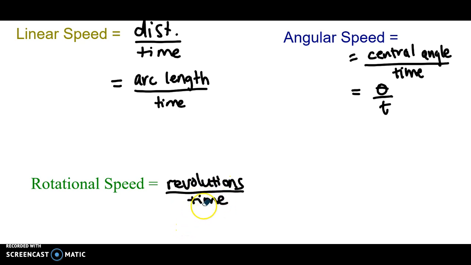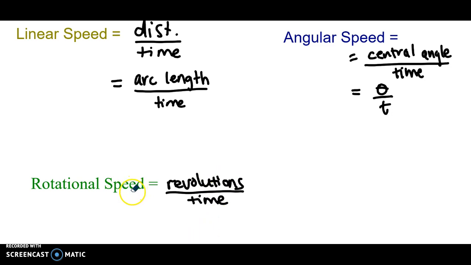When we're talking about angular speed, it could be any fraction or whole amounts of revolutions. So when we're talking about rotational speed, it's actually unitless in our numerator. It's however many revolutions over time. So, however many revolutions over hours or minutes and so on.